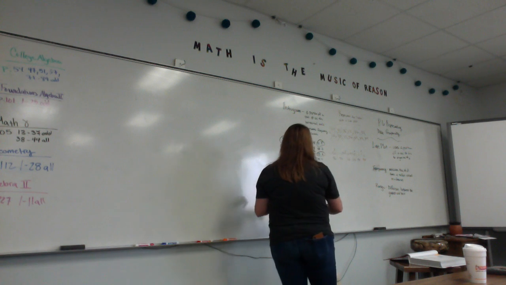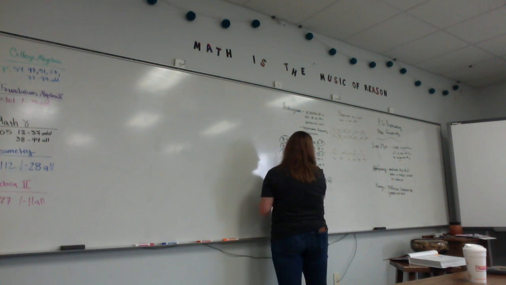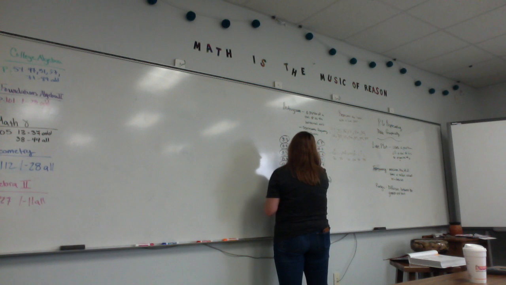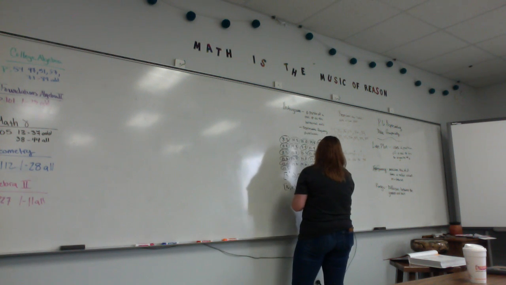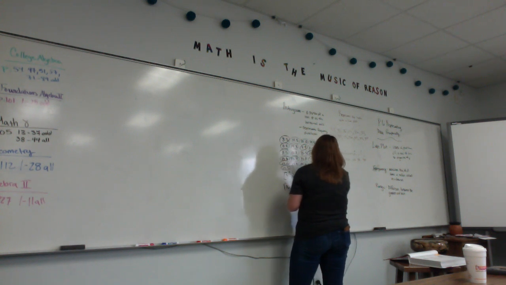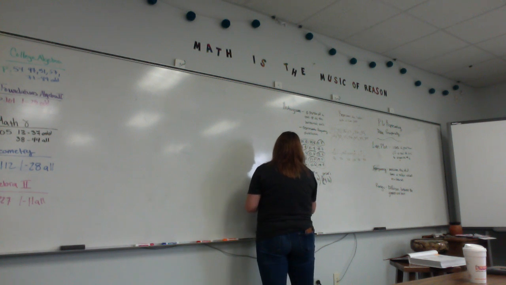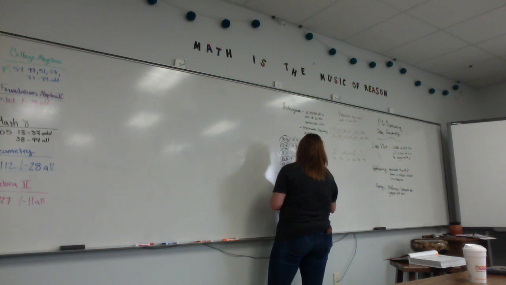Okay, 14 to 16. 1, 2, 3, 4, 5, 6, 7, 8, 9, 10, 11. From this category, I have 1. Oh, and then I gotta make one more category. 18 to 20. And I have 1.